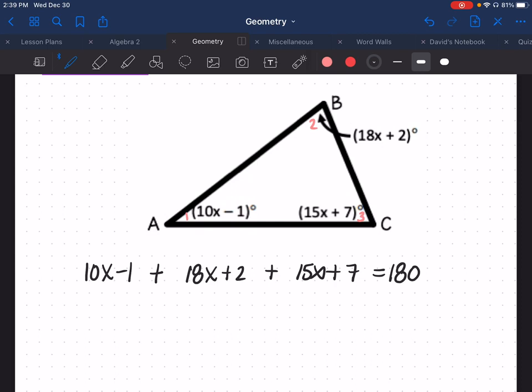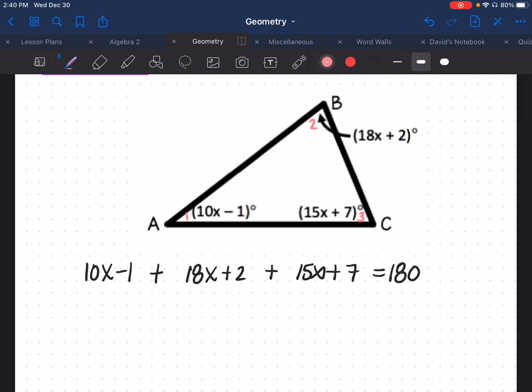Notice I've dropped my parentheses and the degree sign, because this is not an exponent, it's the degree symbol, so it doesn't have to be in my equation.